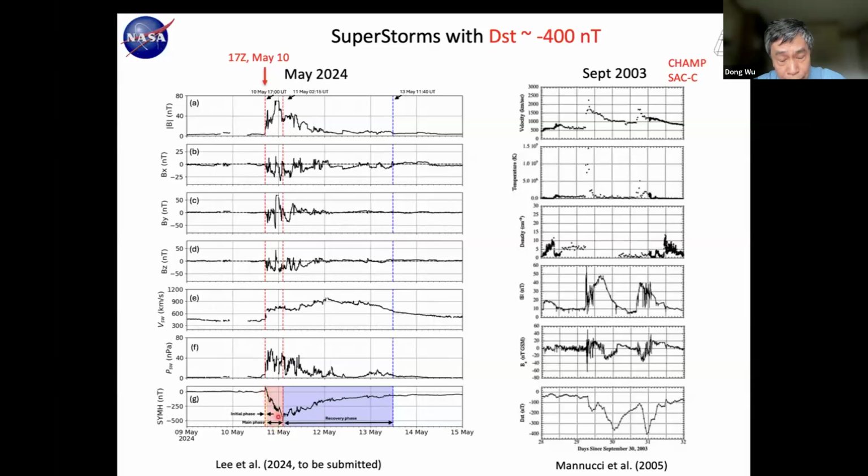This is very rapid. I will show you the movie and the recovery later on. We really want to know what's happening here in addition to the slow recovery phase. Different from the previous storm that had two punches to the Earth's magnetosphere and ionosphere, this one only has one punch, but a very long tail.